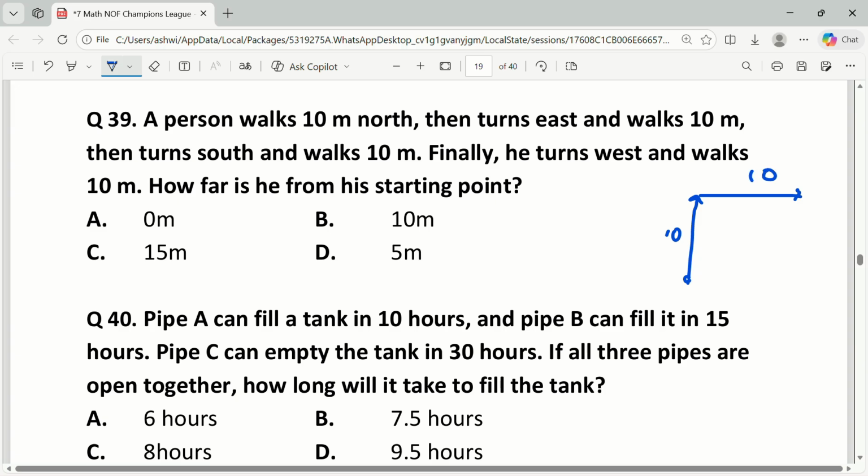Then he turns south and walks 10 meters. And then turns west and walks 10 meters. We can see that he completes a complete square. That is, he is back to his initial position.